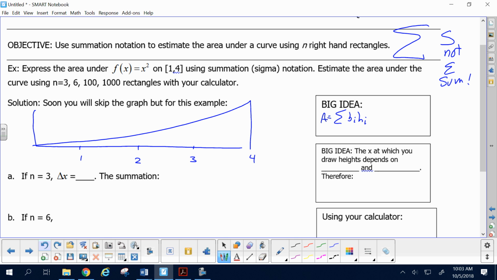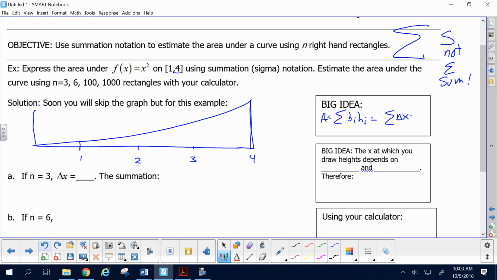And that i is just a counter from 1 through however many rectangles we use. You follow? Now, the base of each rectangle runs along the x-axis. From one point to another, the base is a delta x, or a change in x as you go left to right.